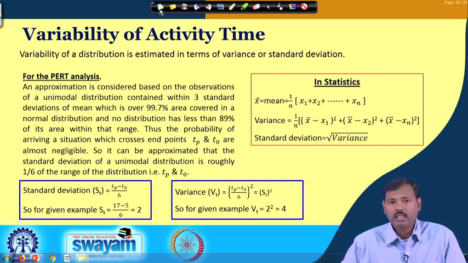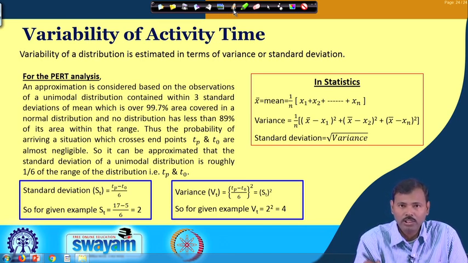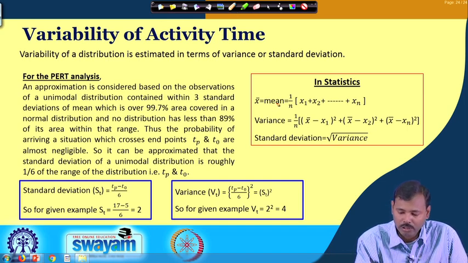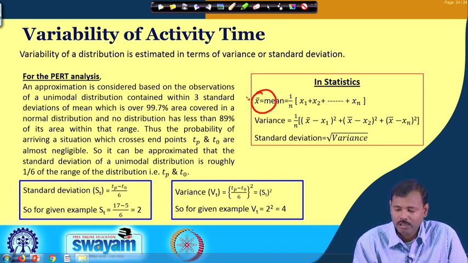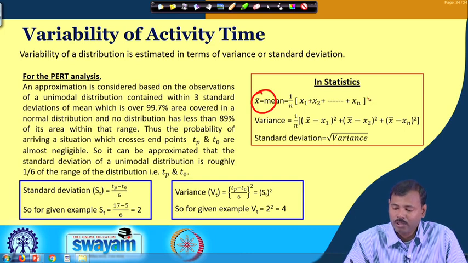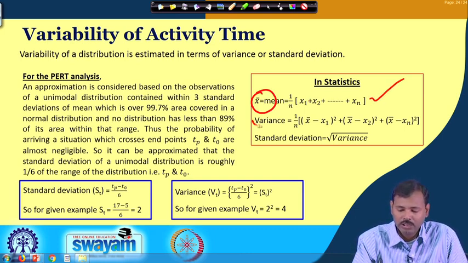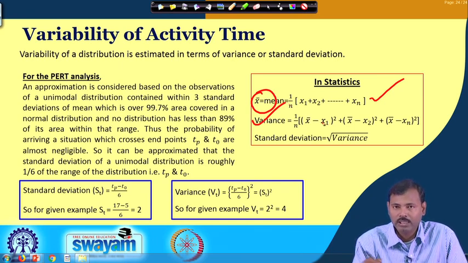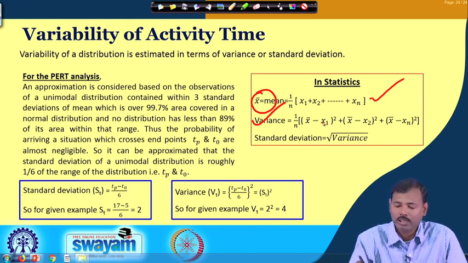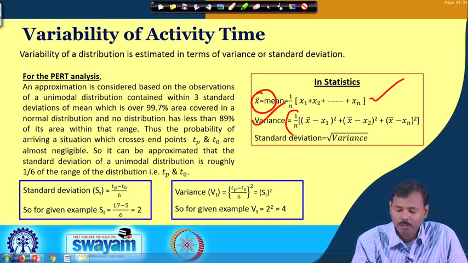If we are considering the statistics where our distribution is a normal distribution, in that case your x bar or mean is considered as the summation of all the observations divided by the number of observations.